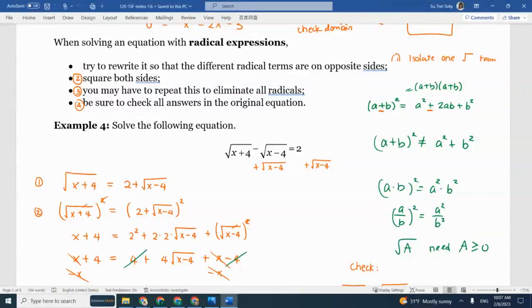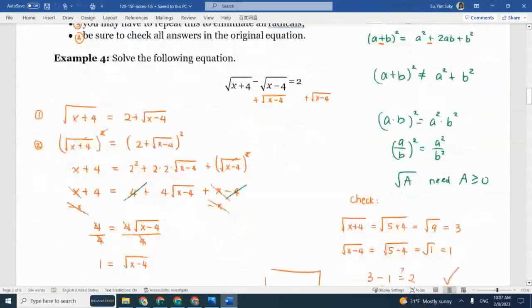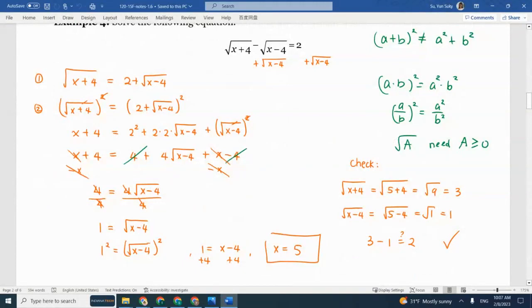All right. So we complete the square and expand it, right? And simplify. This square and this square root cancel. But we still have one square root. Therefore, isolate the square root term. Isolate it, and then we can square both sides again.